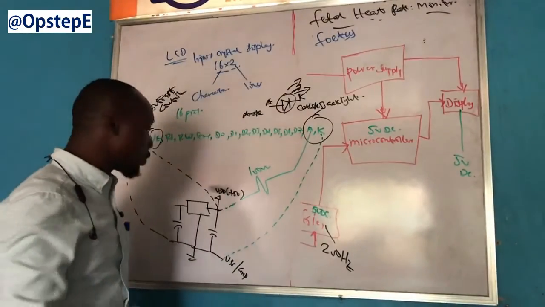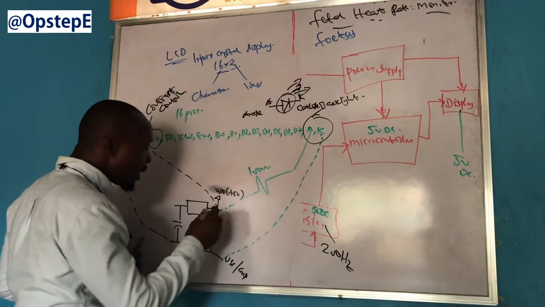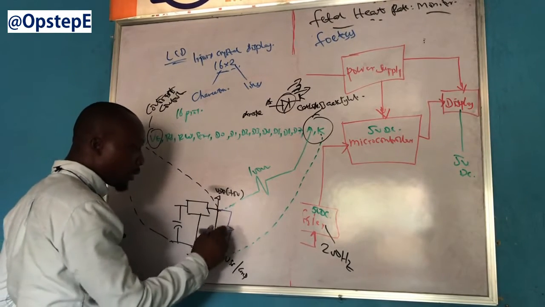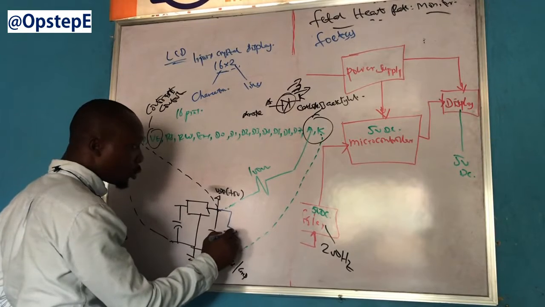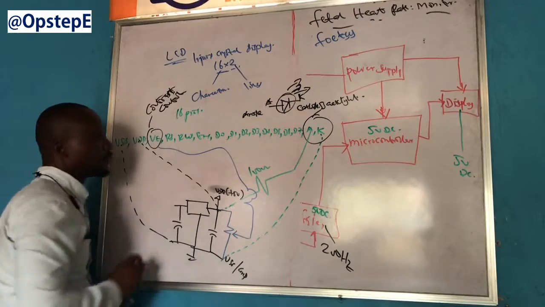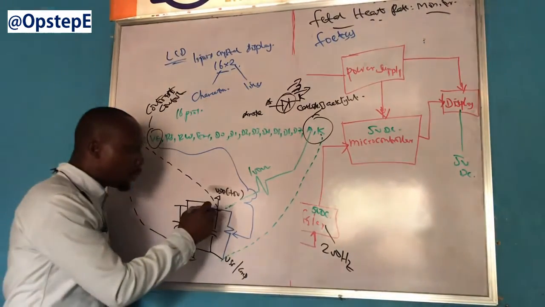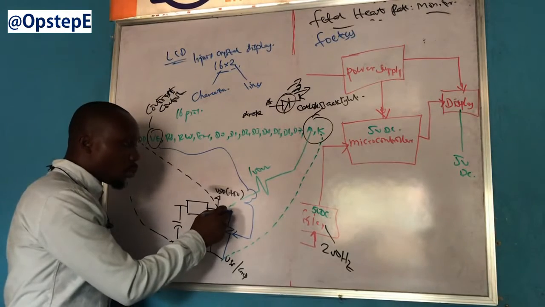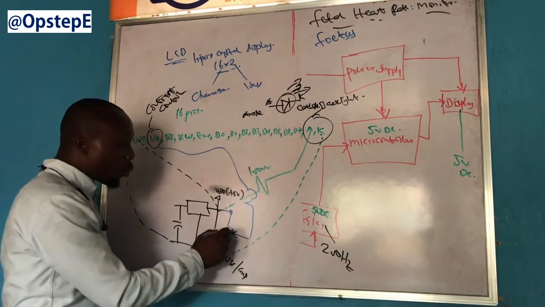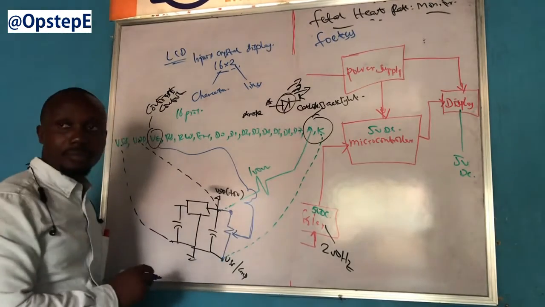Now, to create the contrast control, what we simply do is to have a variable resistor between your anode and your cathode while the control goes to the VE. What I meant is that from your VDD, one end of the variable resistor is there to the VSS, while the control goes out and feeds the VE.